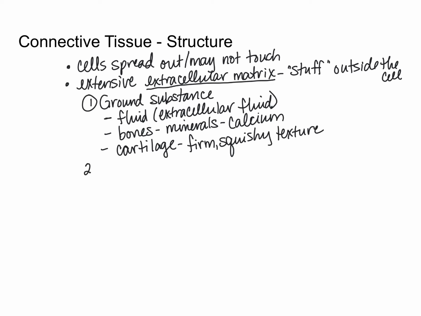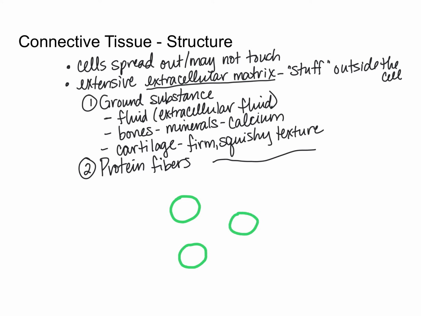The other component of the extracellular matrix are proteins, and they're often protein fibers. A protein fiber is just like a long strand or string of a protein. So let's say that we have these cells hanging out here. And then outside the cells, you would have protein fibers that make a mesh or a matrix.